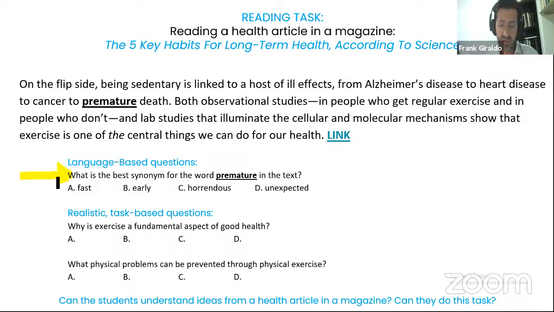But if you put language-based questions, it will tell you information about their vocabulary, their synonym skills, but not whether they can understand ideas and do this in real life. So asking realistic task-based questions is central for reading or for listening.